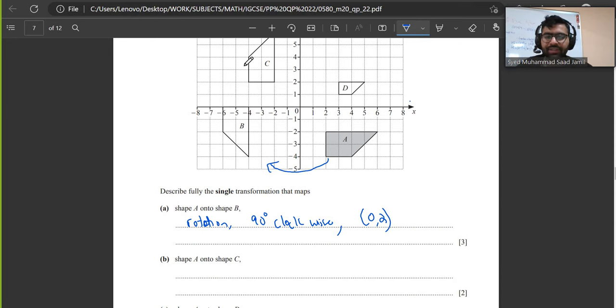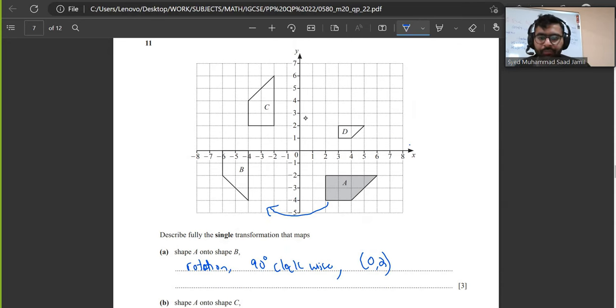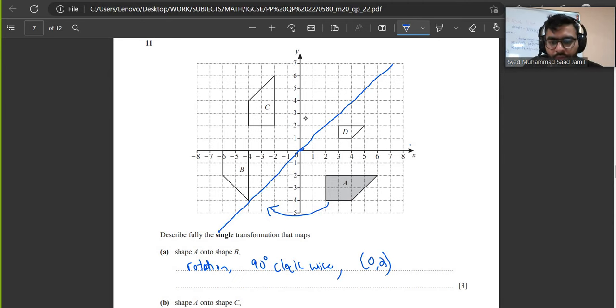So basically this is a reflection along the y equals x axis. Now I'll show you how. If I make a line like this, right? So look, 1, 2, and then I'll use a different color to show you guys. 1, 2.